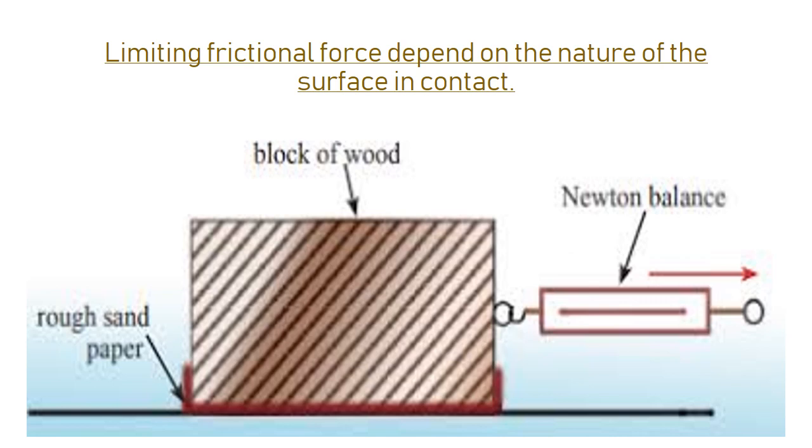Observation: limiting frictional force increases gradually with increasing roughness of the sandpapers used to cover the block of wood. So what is your conclusion? The conclusion is limiting frictional force depends on the nature of the surface in contact.